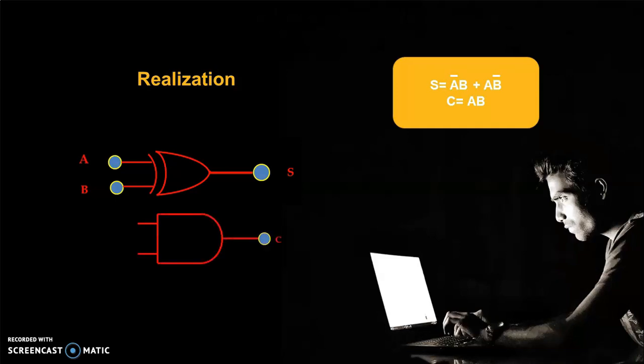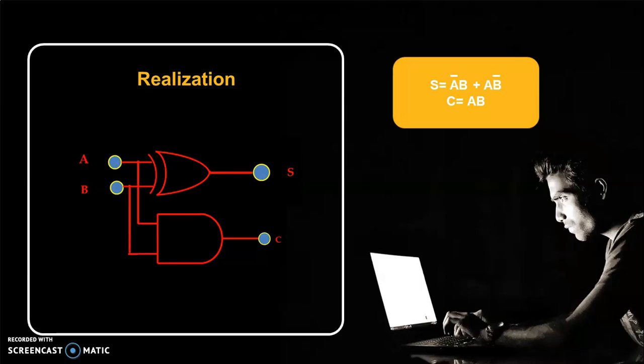Same way for the carry we have AND gate, output of the AND gate that is carry C, and we give the same input A, B to the AND gate also. So now this logic circuit is realized based on the Boolean functions we have identified.